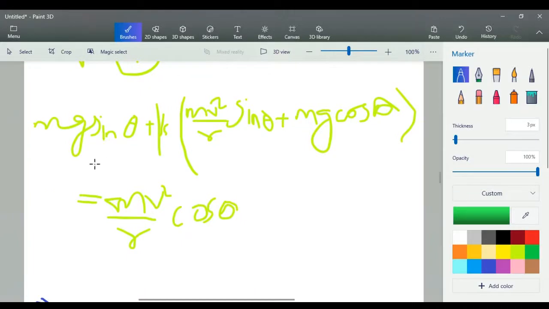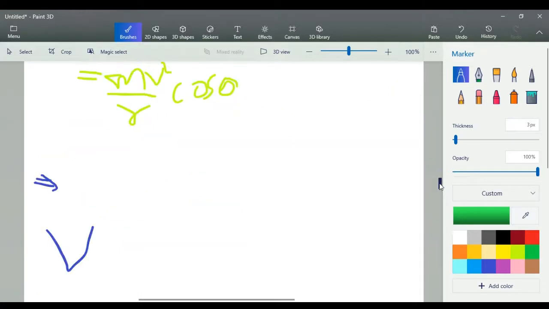The resultant equation has mg sin theta and mu s times n, where n is the total normal force, equal to mv square by r cos theta.